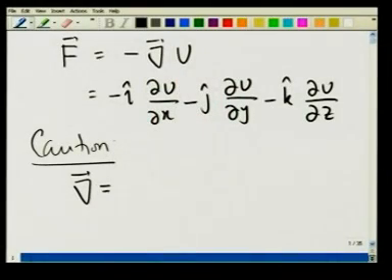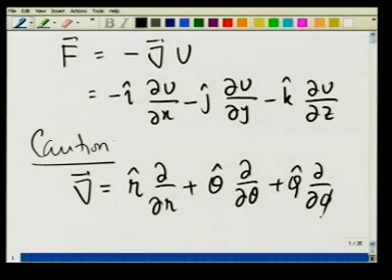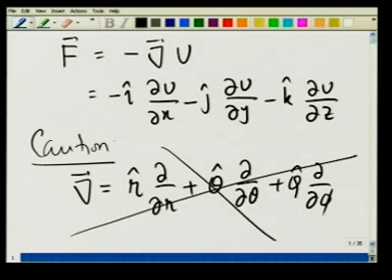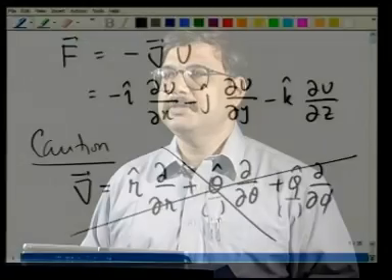For example, if I take spherical polar coordinates as this, this is not correct. It's not even dimensionally correct, because this should have in the denominator a dimension of length. It doesn't even have that. To obtain these things in other coordinate systems, you have to make a proper transformation.